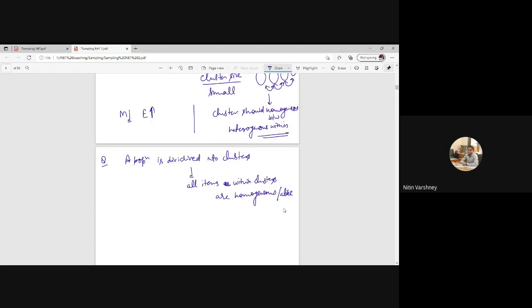Which of the following sampling procedures would you adopt? Simple random sampling, cluster sampling, systematic, and stratified. Tell me what will be the answer.